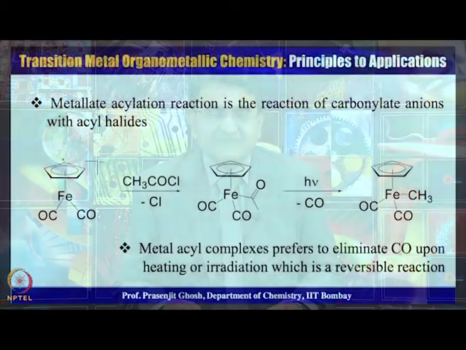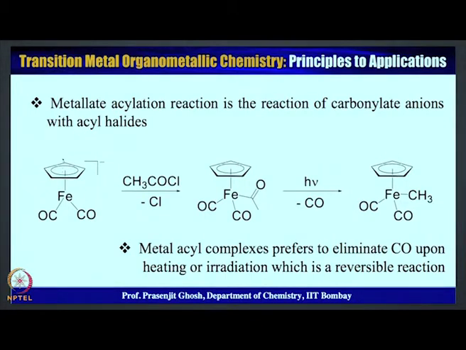There are a few methods remaining which were not discussed in the last class and which we will discuss in this lecture. Now, in continuation from the metallate alkylation reaction, there is the variant which is called a metallate acylation reaction. This is the 5th method that we are discussing on transition metal sigma alkyl complexes.